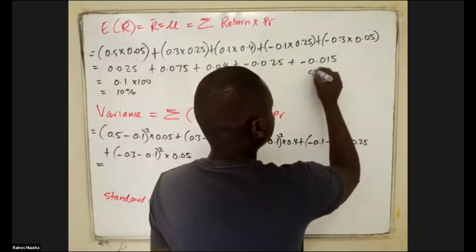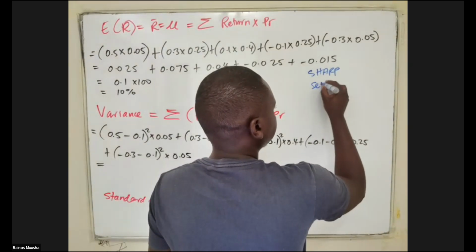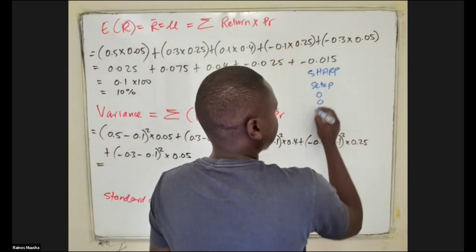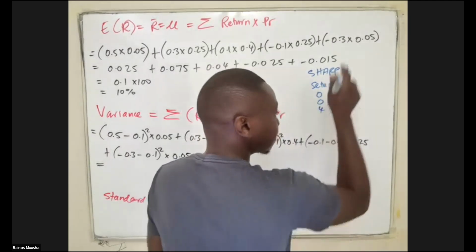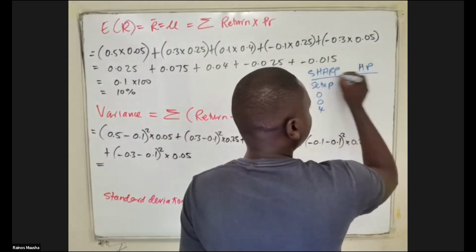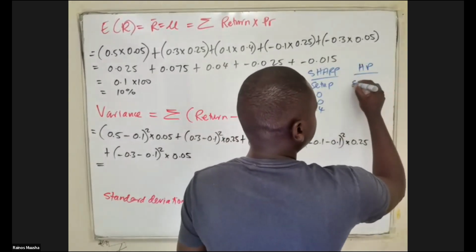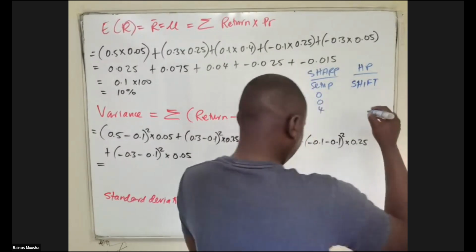So with the Sharp calculator, to change the number of decimal places, you press set up 0, 0. If you want 4 decimal places, then you press 4. If you want 5 decimal places, then you press 5. With the HP calculator, you press Shift.